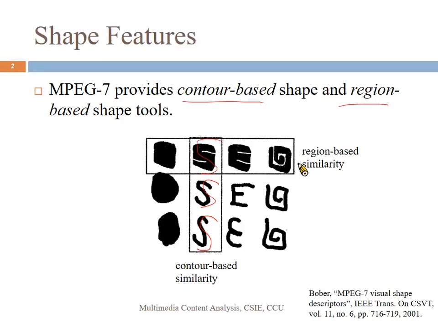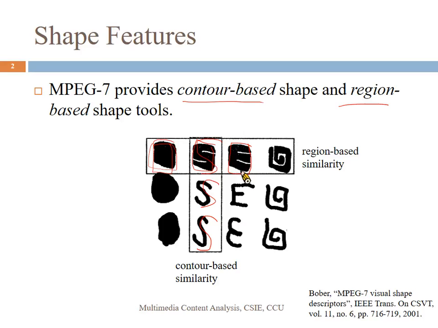For the region-based descriptor, we mainly describe the object shape based on the region that can cover the object. So here, the object covers this region, and this would be like this, and this would also be like this.